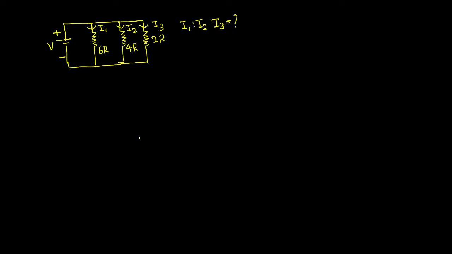That is the question. So what can we do? How to bring the answer? Nothing else, you just have to bring the relation between I1, I2, I3. I hope you might have some basic idea how to do this question, because it is a very simple question, right? Yes, sir. So let me write.